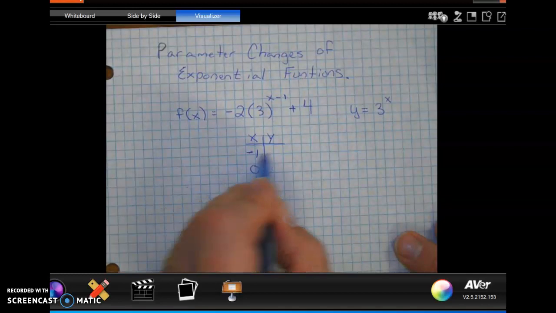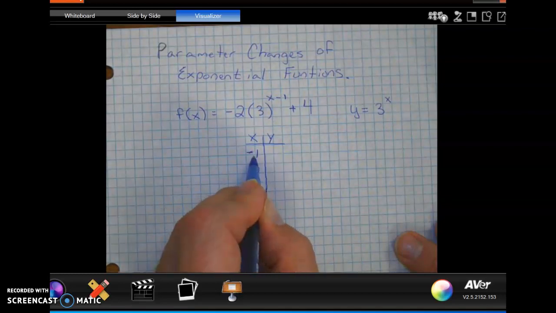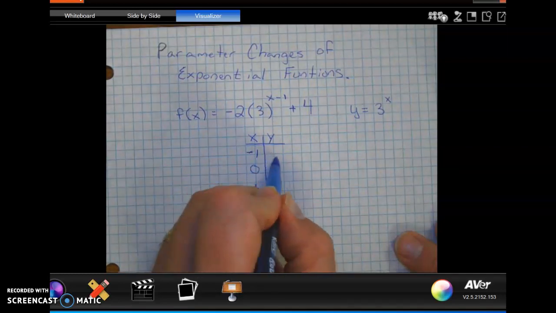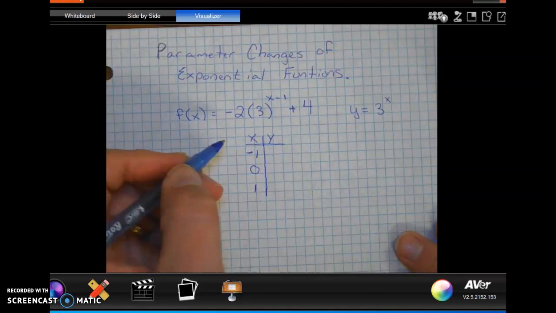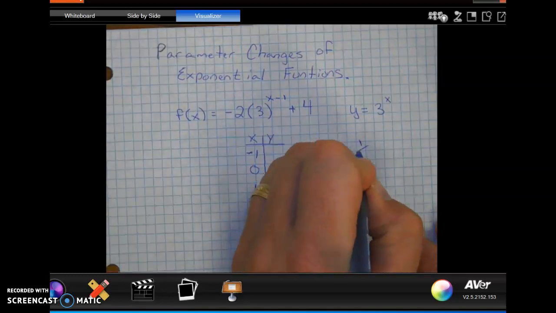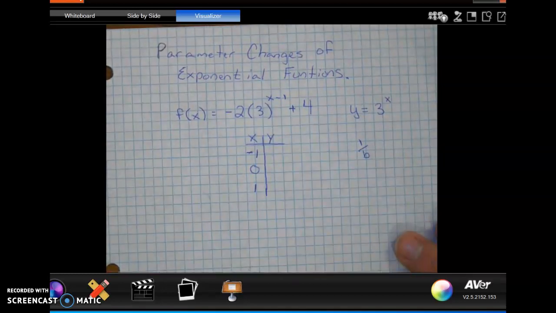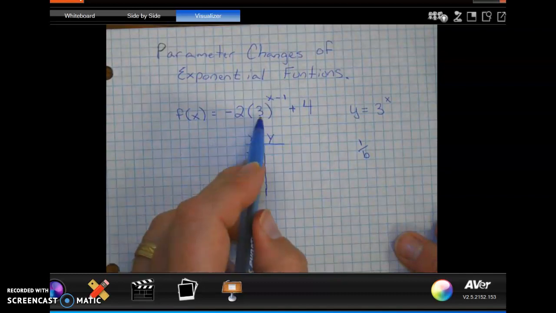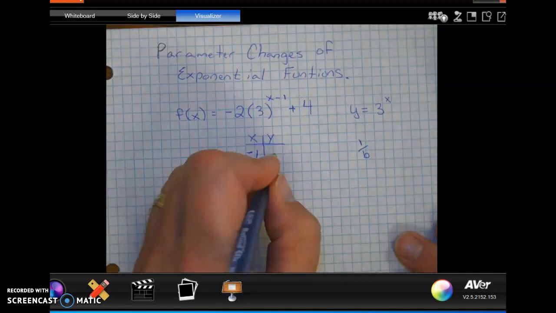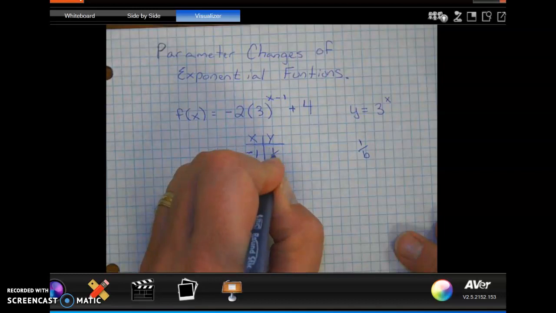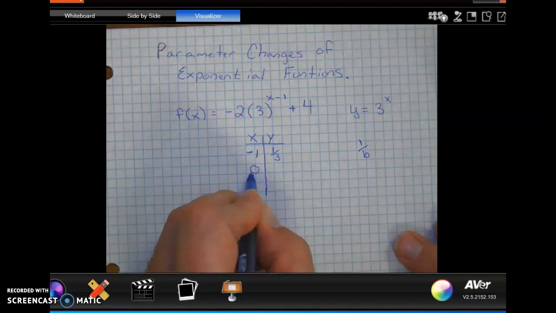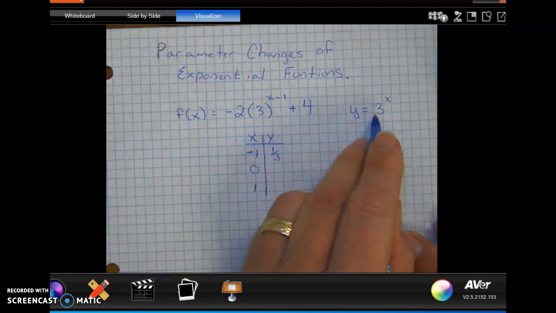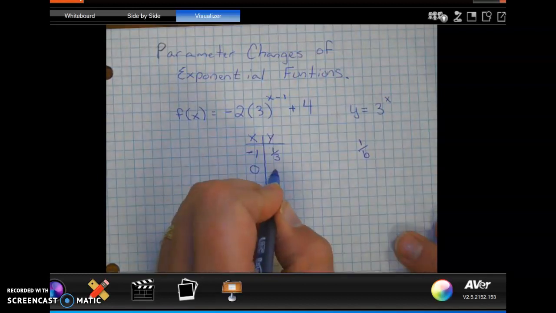So the y-coordinate with the -1 is going to be 1 over b. So I'll put that off to the side over here, 1 over b. So here our base is 3, so our y-coordinate is going to be 1/3. Okay, the y-coordinate with the 0 for our parent is always going to be 0, 1.